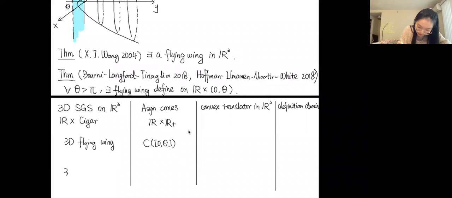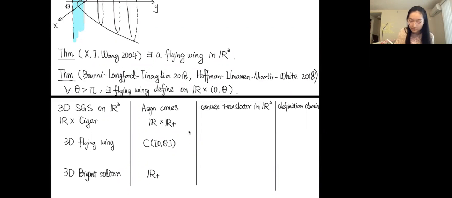And finally, the 3D Bryant soliton, which is degenerate, its asymptotic cone is a ray. You can see that the asymptotic cones of the solitons change continuously from a half plane to a sector, and then eventually degenerate to a ray. So that's the 3D static gradient soliton.